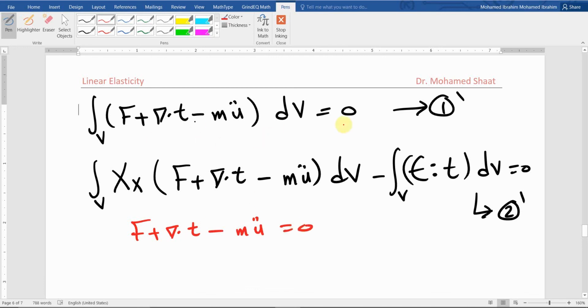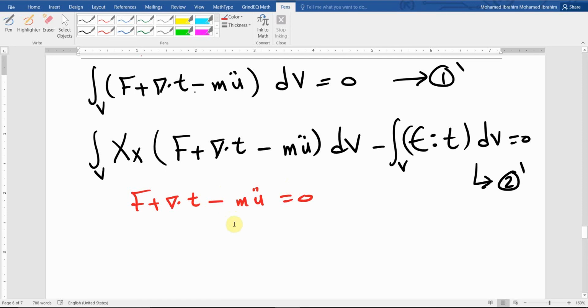Since the integral is already 0, does this mean that this equation is correct? No, it doesn't mean that this equation is correct, mathematically speaking. This equation is going to be correct according to classical mechanics, as I'm going to let you know, but mathematically speaking, it is not conditional.